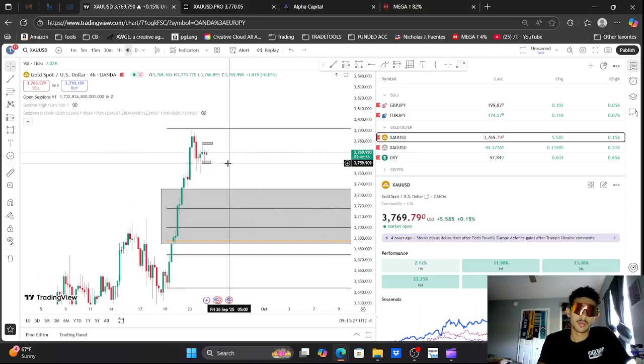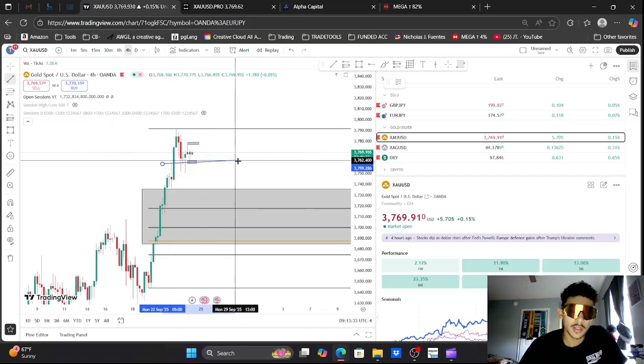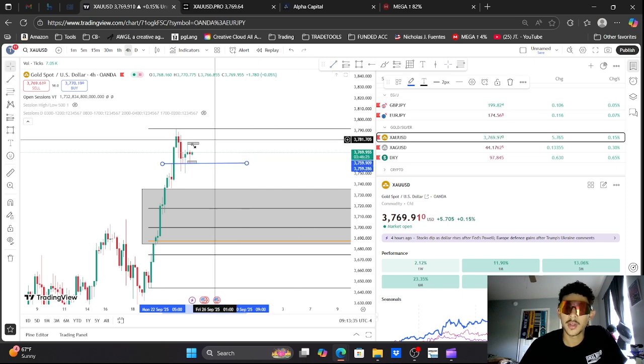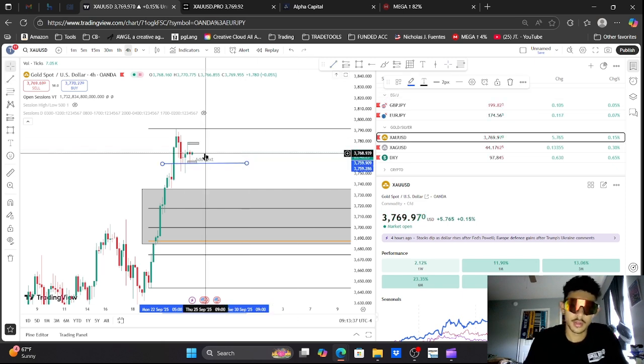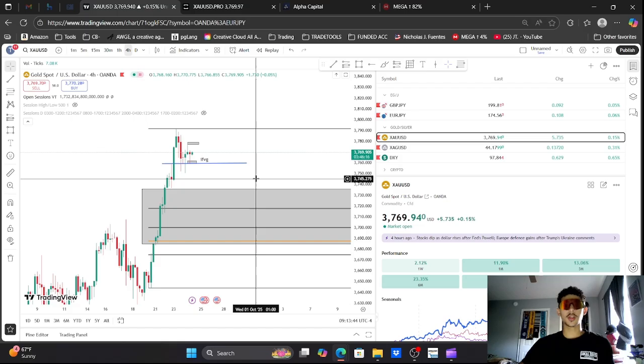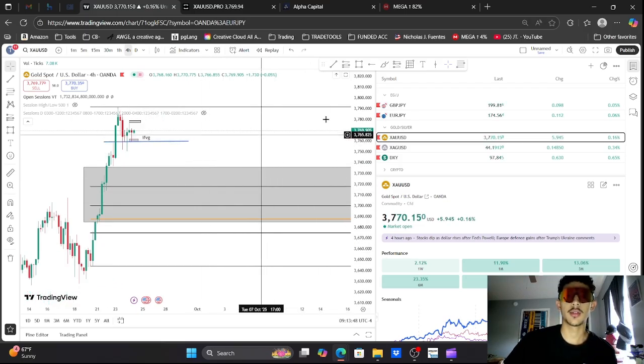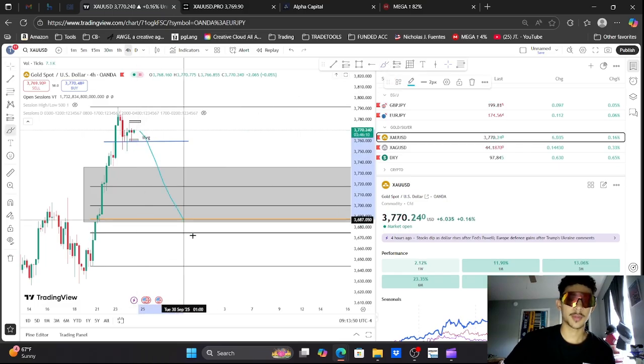So if we inverse this fair value gap, if we close below that fair value gap, then it'll solidify my thesis of price coming down here.